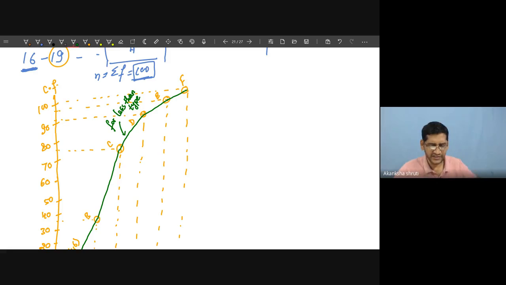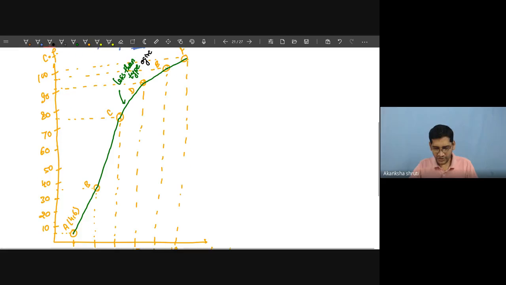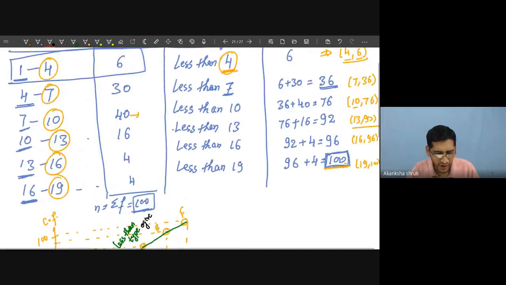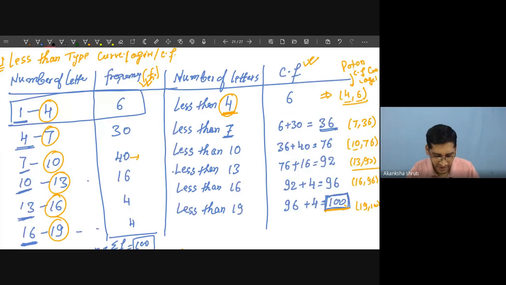You may write this as less than type Ogive, or less than type cumulative frequency curve. So this way you have to plot. This plot is done for the less than type. So this curve is also called the less than Ogive.